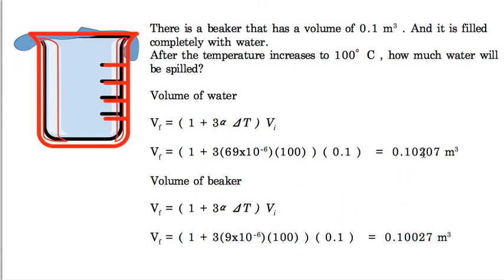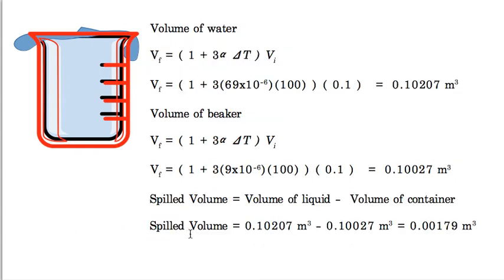So how much water is going to be spilled? Well, to get that, the spilled volume of water is going to be the volume of the liquid minus the volume of the container, because the volume of the container is the volume of the water that's going to stay inside of the container. But the full volume of the liquid is going to be both outside and inside.